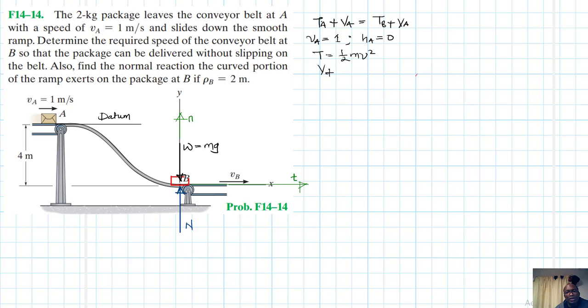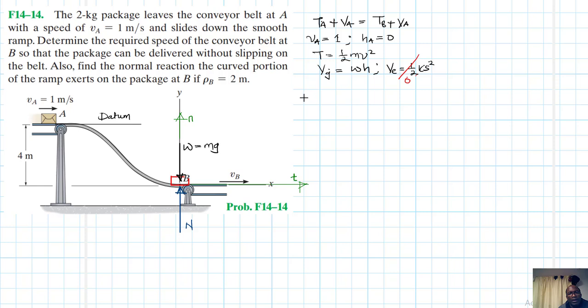V is Vg, the gravitational potential energy, which is just Wh, and we have VE, the elastic potential energy, but this one is 0. We don't have this. So let's write down the equation.